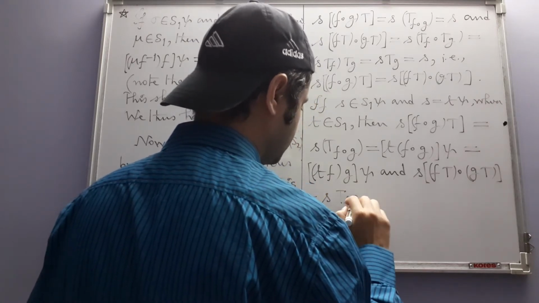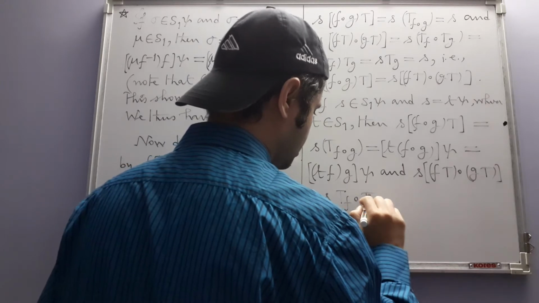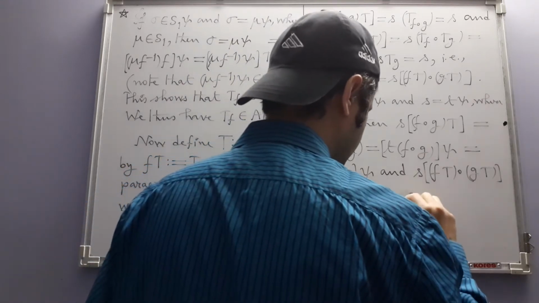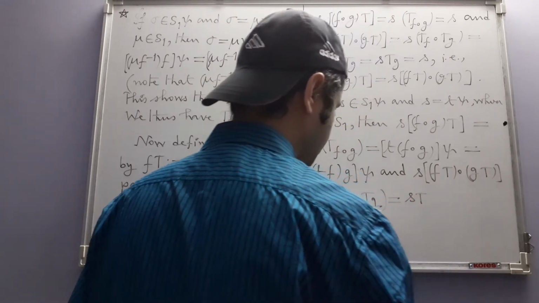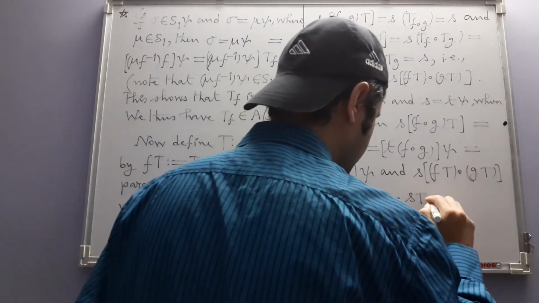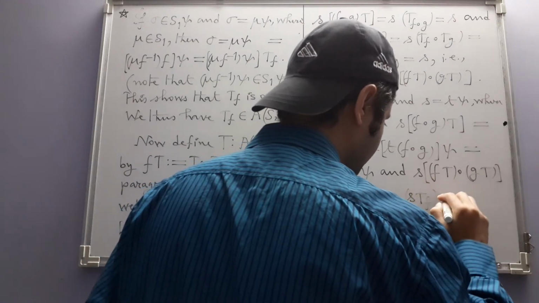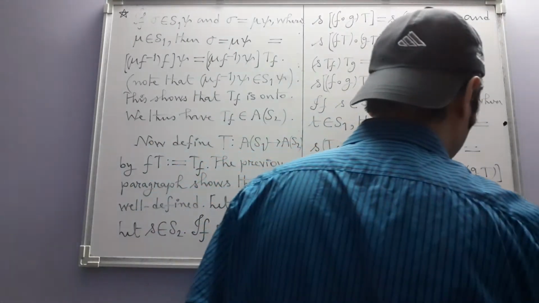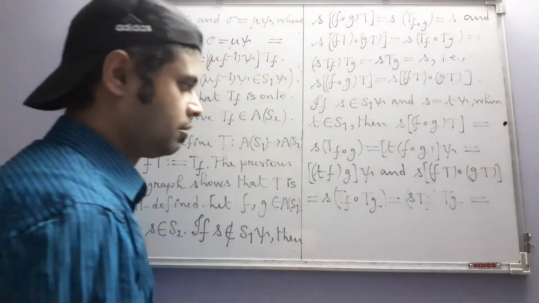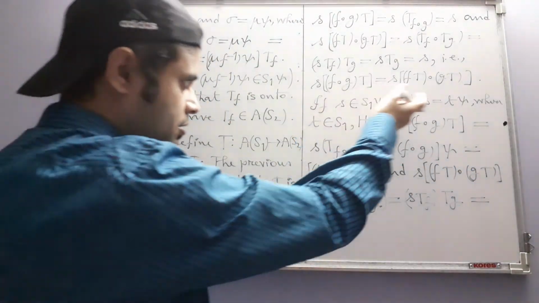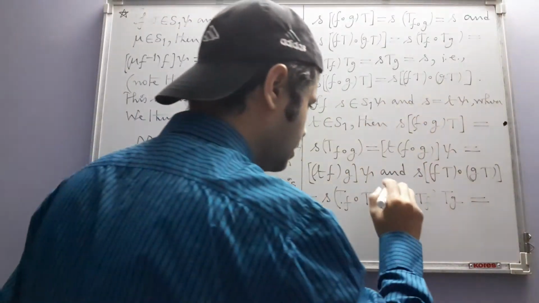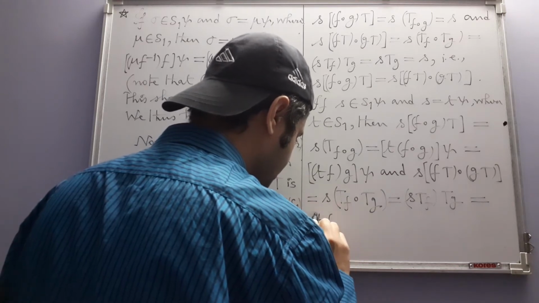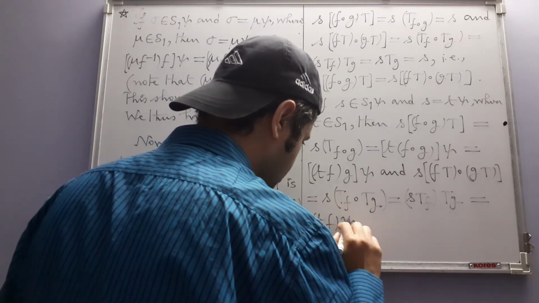Tf composition Tg, so this is equal to, by the simple definition of composition, STF and TG image of that. Now again, because of this situation, STF is TF psi.